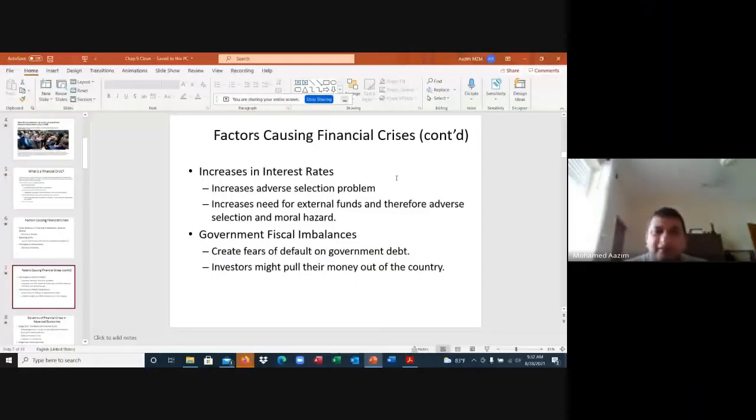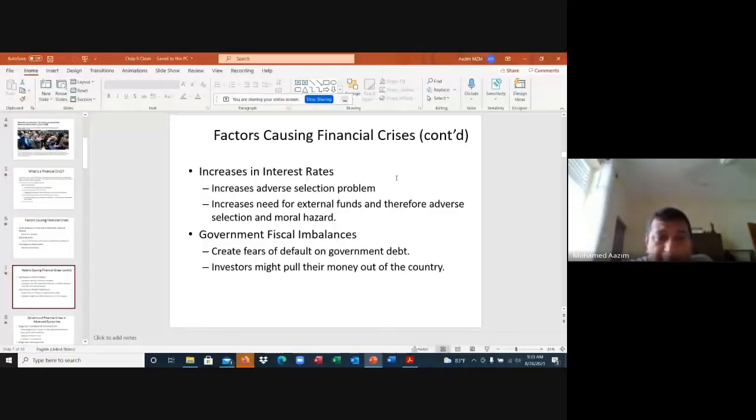But from a government perspective, if their fiscal position is already in trouble, and most of the developing countries and also developed economies, some had these problems, especially southern European countries in the 2009 period. The fears of default on government debt.